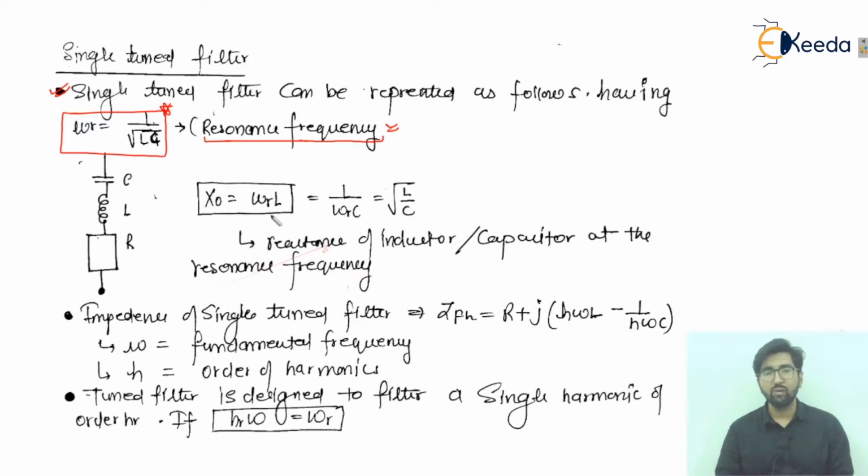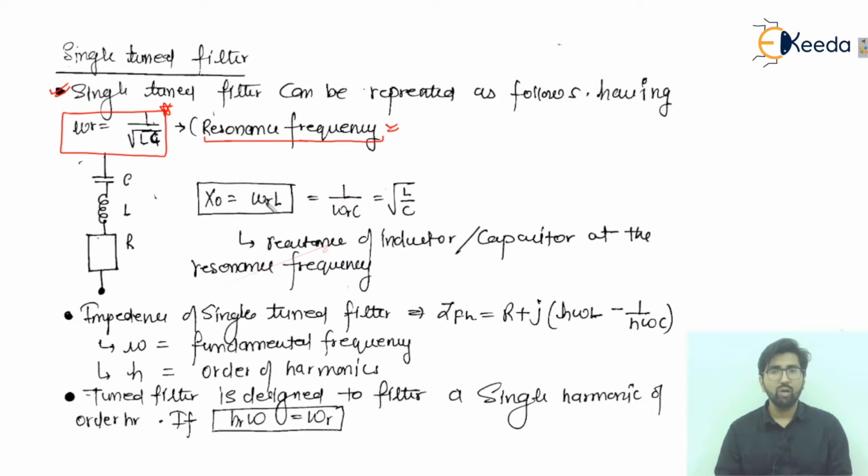So X naught has three formulas, which are omega r L, 1 upon omega r C, and root L by C. These are the reactances of the inductor and the capacitor at the resonance frequency. This is the reactance of the inductor, this is the reactance of the capacitor.